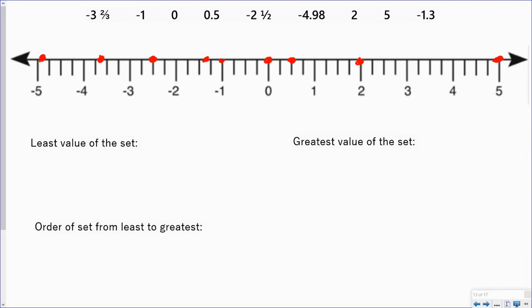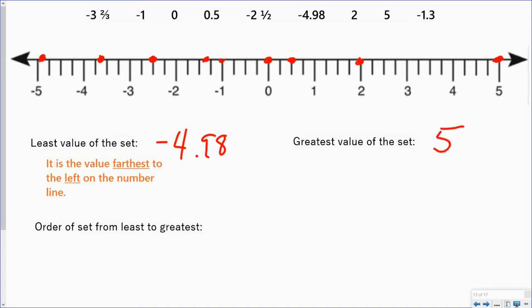So the least value of the set that we have would be our -4 9/800ths. And the reason for that would be that it is the farthest to the left on the number line. And the greatest value we would have would be 5, because it is farthest to the right on the number line.